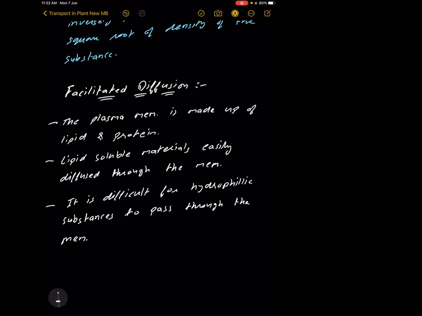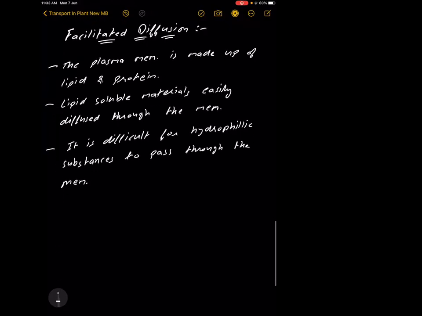Lipid molecules can be easily immersed in the plasma membrane because it is mostly formed by lipid, and then they can pass through this membrane into the cytoplasm. But the problem is with hydrophilic substances. So they pass through this membrane only by facilitated diffusion.